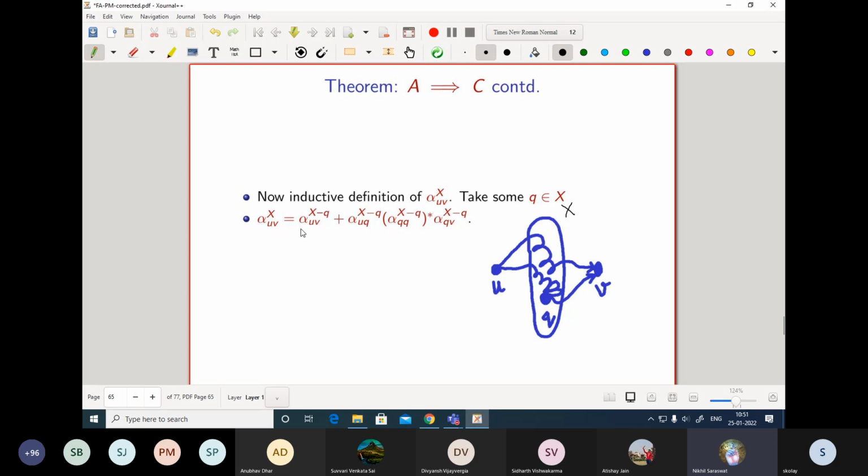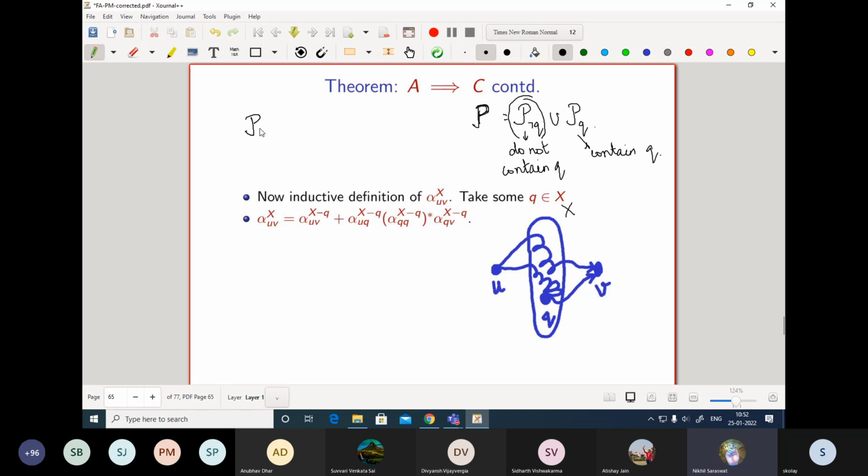These are all the paths that start from u, end at v, and have x as internal vertices. Let's call them P_notq union P_q, meaning that these are paths that do not contain q as an internal vertex, and these contain q. Now let's consider these paths first. What can the internal vertices be for these paths?